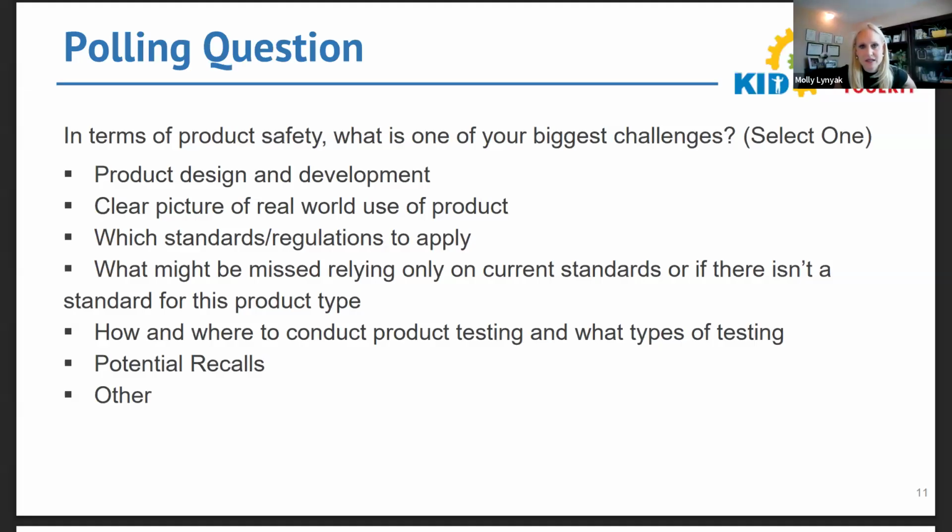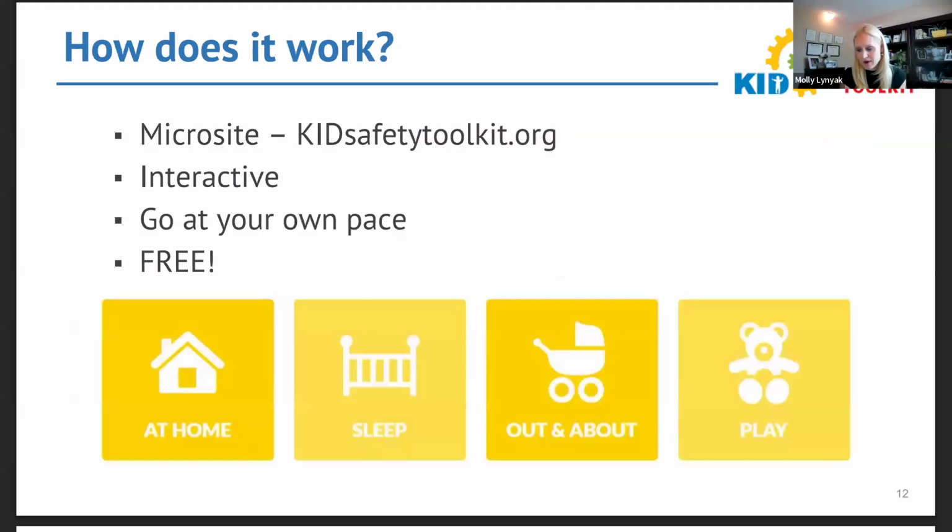The next biggest area people are responding is a clear picture of real world use, which we'll get into, and then product design and development being the largest. So let's maybe go to the next slide then, and Nancy, you can tell us what it really looks like to access the program.